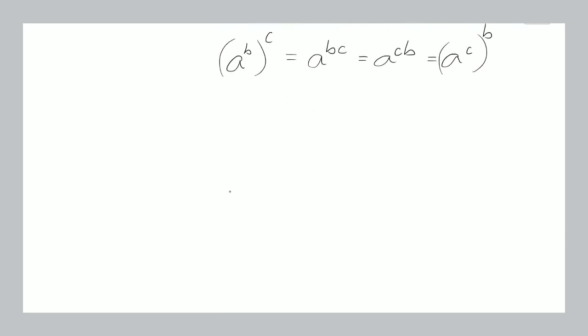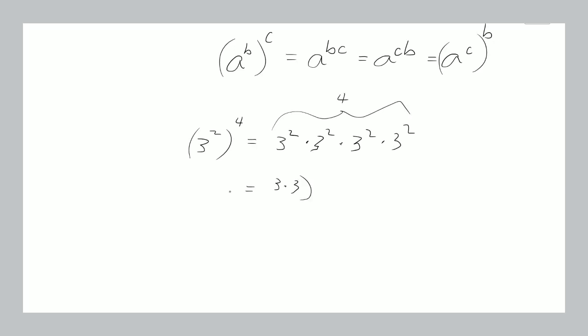Okay, like if you have 3 to the power of 2 to the power of 4, so you have 3 squared times 3 squared times 3 squared times 3 squared, right? There's 4 of those 3 squareds. So that's 3 times 3 times 3 times 3 times 3 times 3 times 3 times 3. How many 3's do you have?